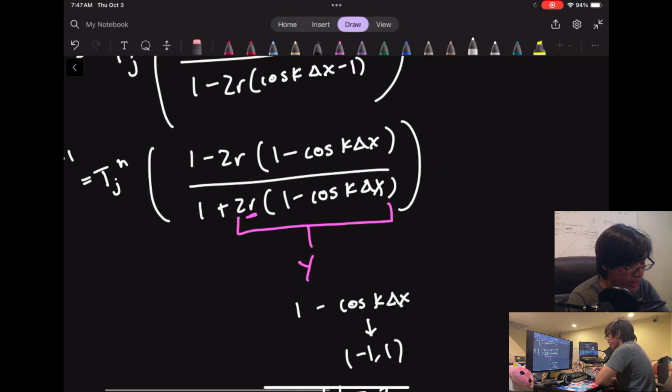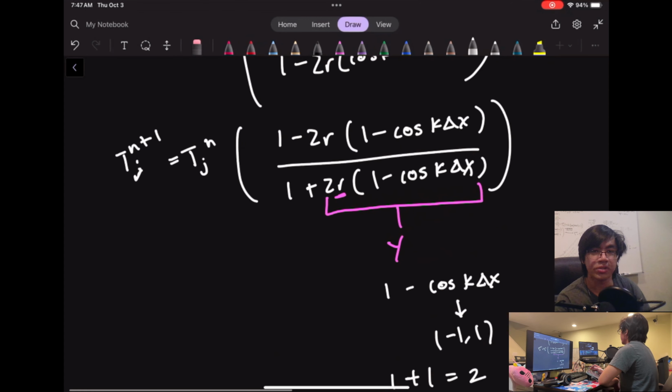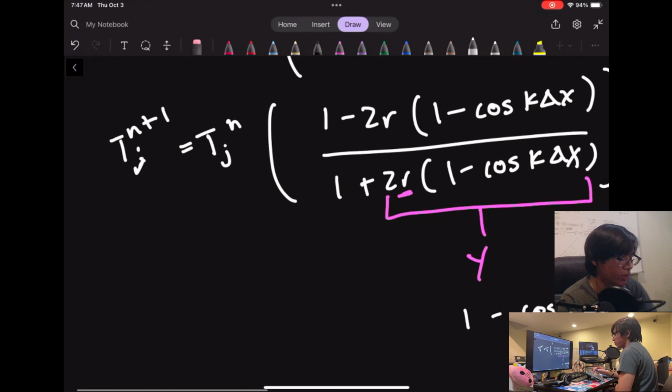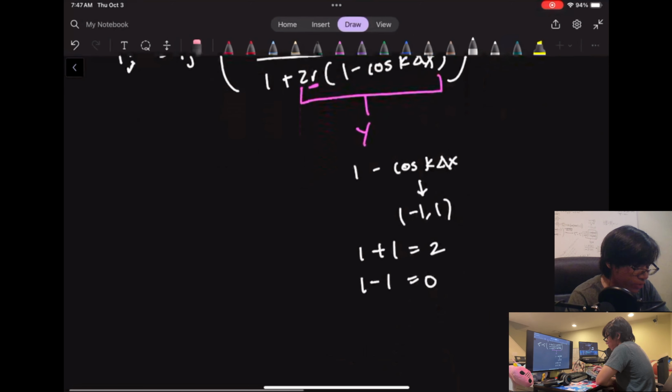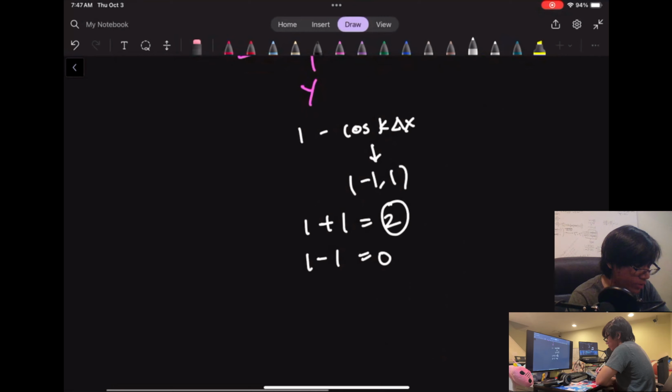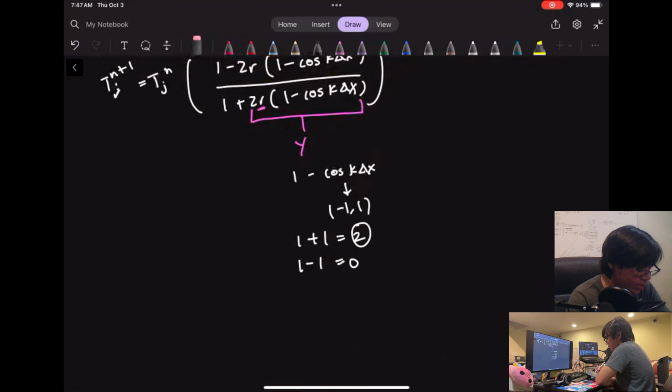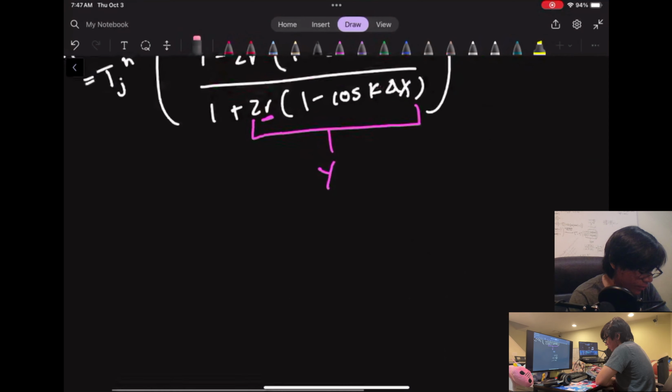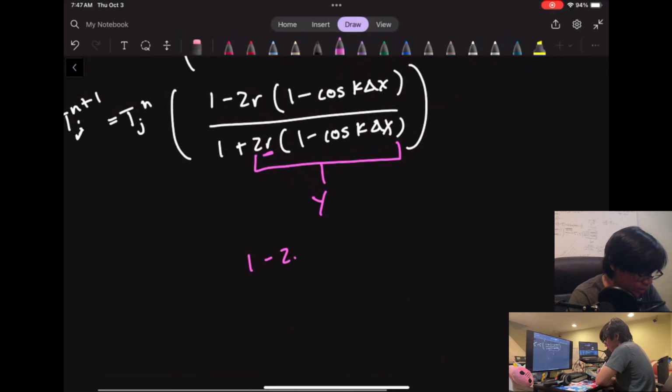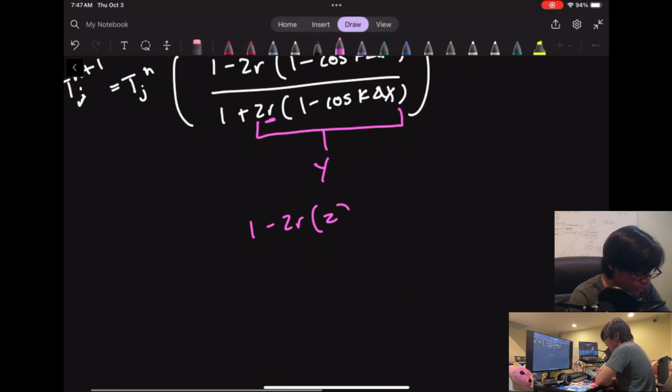The main thing here is to make sure our function is stable. So we don't want it to exceed 1, in which case we'd have an infinitely large iteration for our temperature profiles. The worst possible case scenario is obviously this 2 here. So we'll substitute that 2 in place of the 1 minus cosine kx. With that being the case, we have 1 minus 2r, and that was the exact same thing on the bottom.